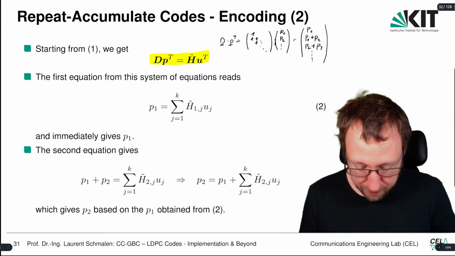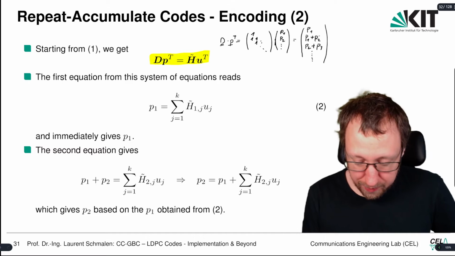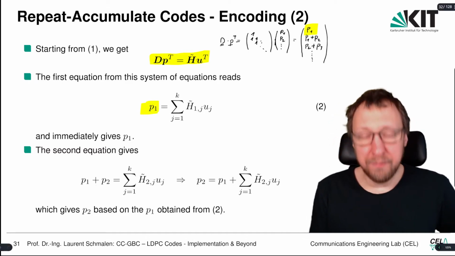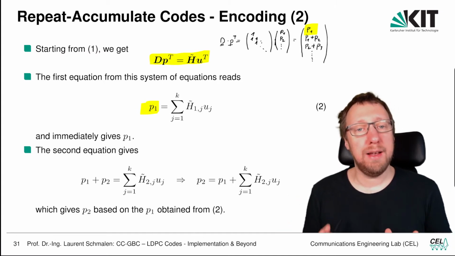So the first entry of this vector is P1. So P1 is equal to the first coordinate of H tilde times U transposed.